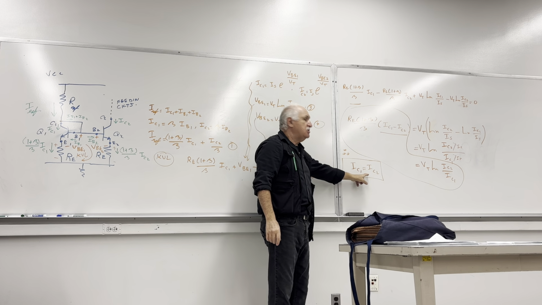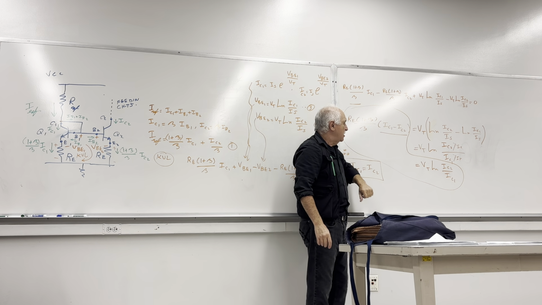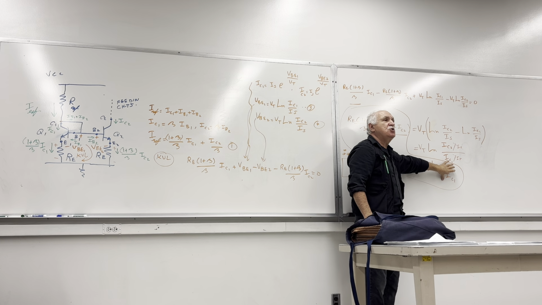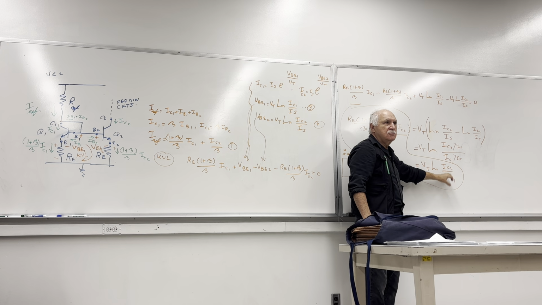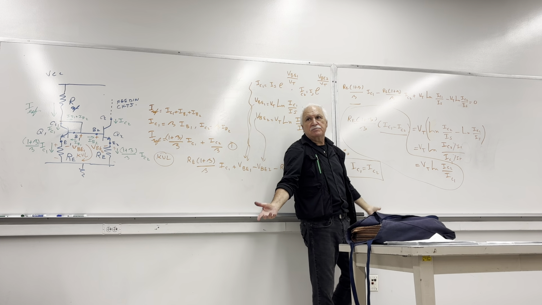If IC1 is equal to IC2, wouldn't that ratio be 1? ln 1 is 0. 0 is equal to 0. That's it.